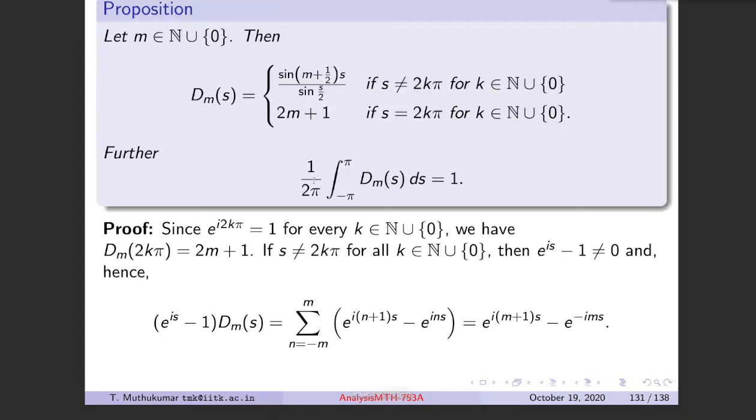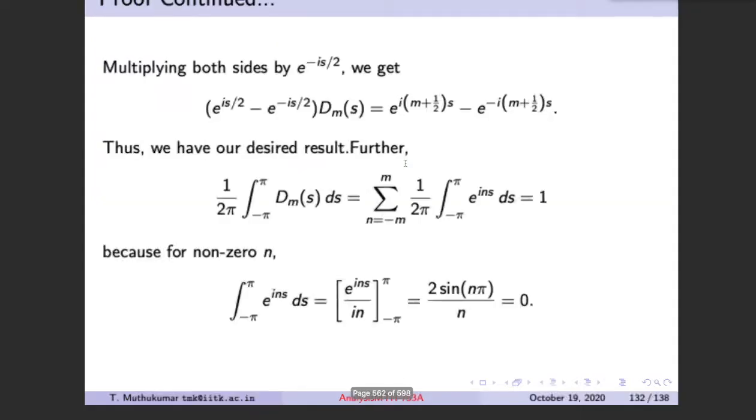What remains to prove is that this integral is 1. For that, you start with 1 over 2 pi times the integral of this. By the definition of D_m, you can write it as a sum of this. Now whenever you have n equal to 0, you get 2 pi, and for every other non-zero n, this integral is 0.